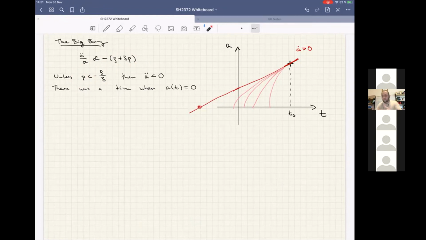And if we looked at both the matter and the radiation cases, P was either 0 or 1/3. So it's certainly not the case that we can fulfill this for something like a matter-dominated universe or a radiation-dominated universe.